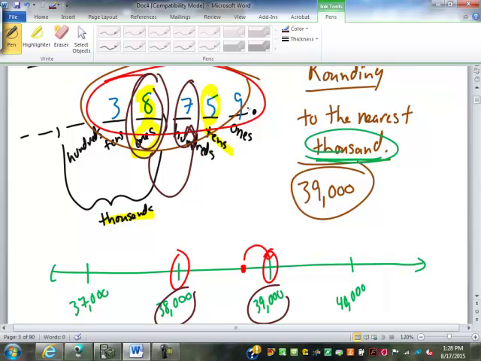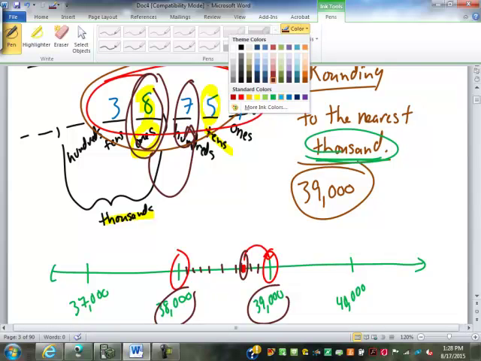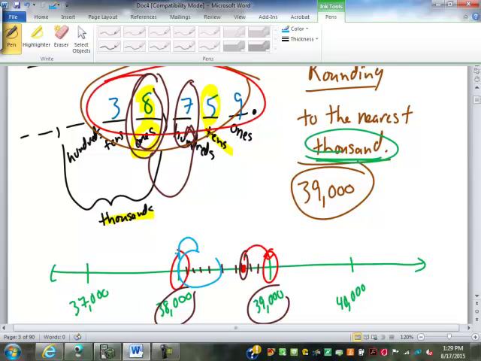This 7 right here tells us that we're at that point between them, that we're closer to the next one up. So we know that anything below 5 is closer to the 38. Anything bigger than 5 is closer to the 39. What do we do if it is exactly 5 in that digit?